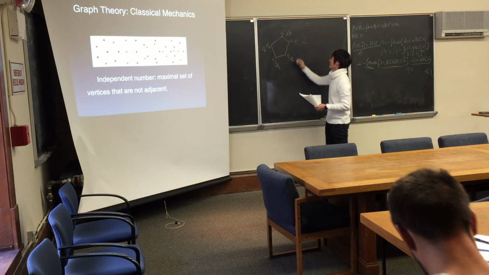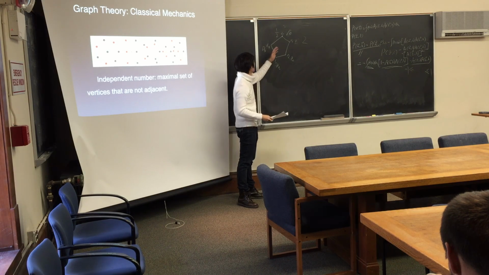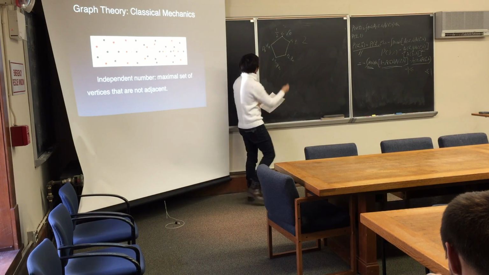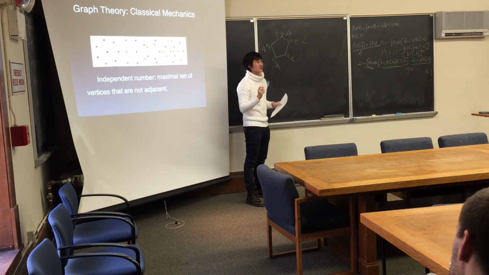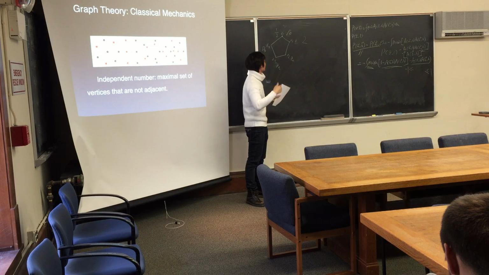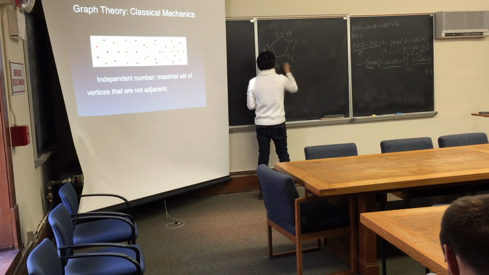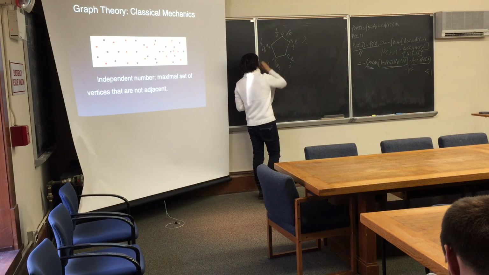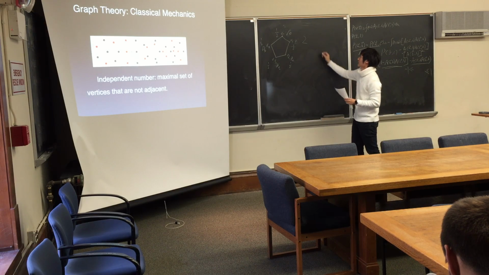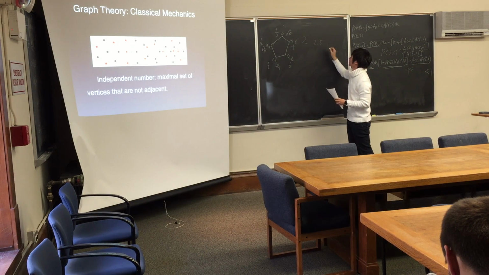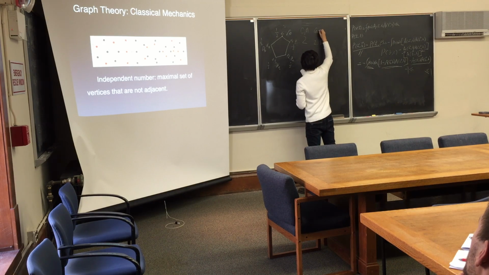A cheating way of doing that is to associate 1/2 to everything. For example, 1/2 and 1/2 is still not more than 1, so the exclusive principle still holds, right? And what you can get from this specific graph is 2.5. So it's like classical mechanics, but a generalized theory.